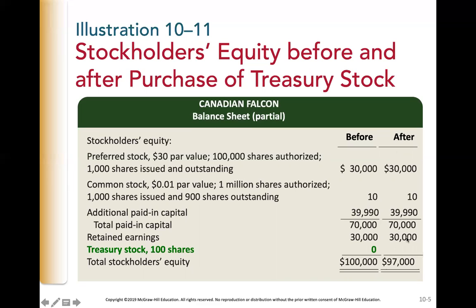Retained earnings is not touched. Instead, after retained earnings, we show a new account, this contra equity account, treasury stock for 100 shares. So it is shown as a negative, a decrease of $3,000 to bring our stockholders' equity down to $97,000.